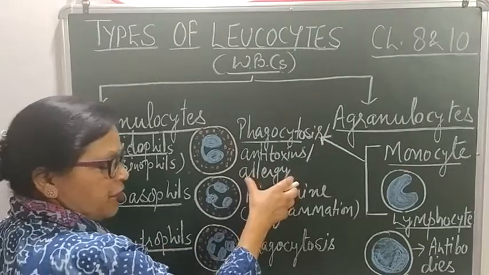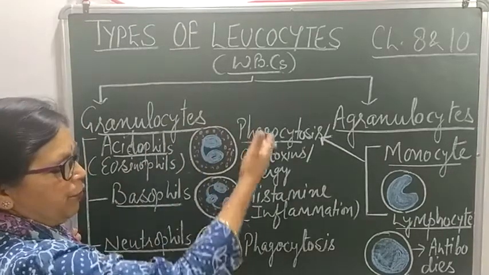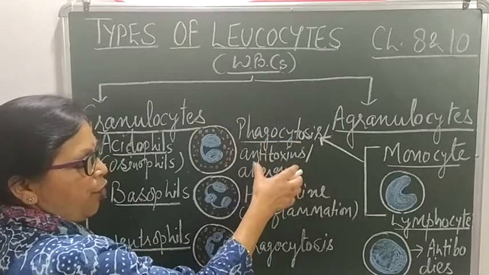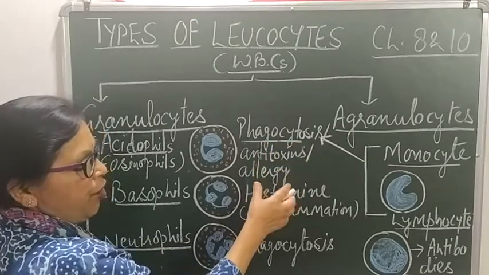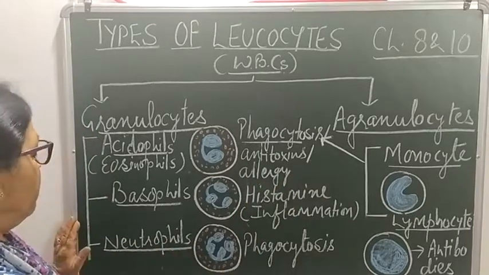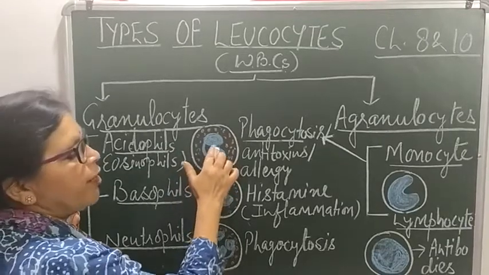During allergy also, they will increase in number. So these are their functions: eating the germs by phagocytosis, producing antitoxin, or increasing in number during allergy. Now, if you see the structure, the nucleus is bilobed.